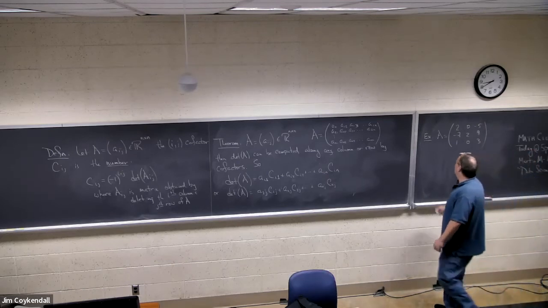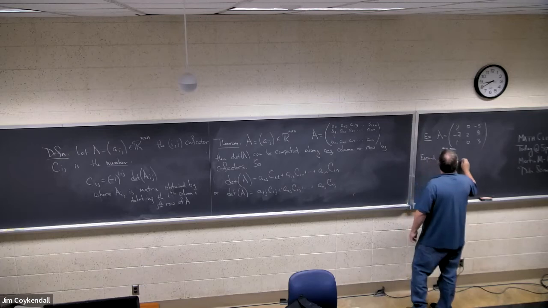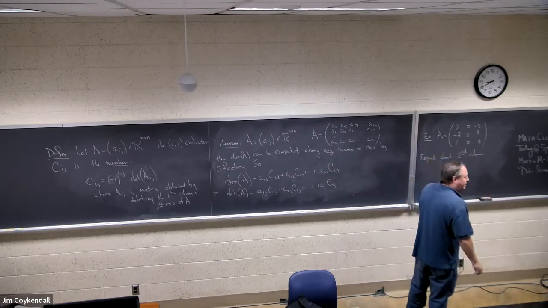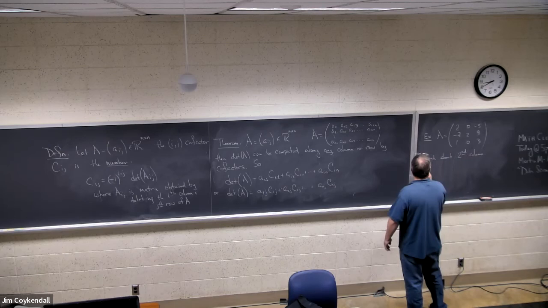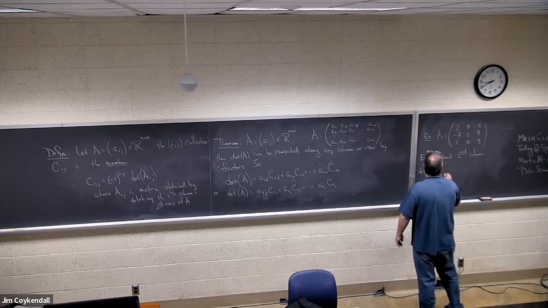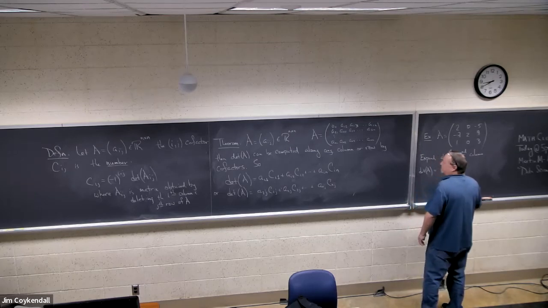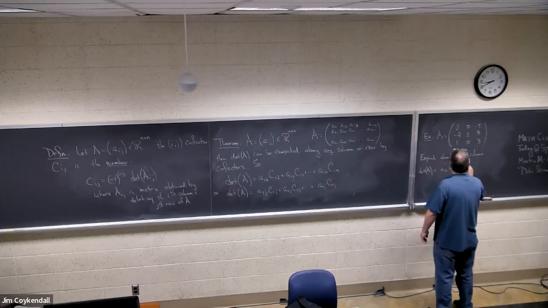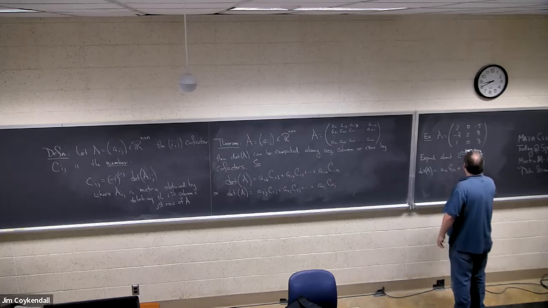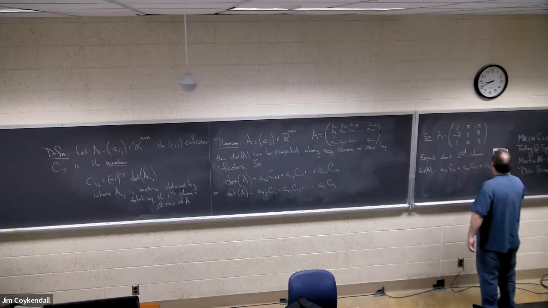What this says is we can expand about the second column. So the determinant of A, adapting the formula, is a12 C12 plus a22 C22 plus a32 C32.